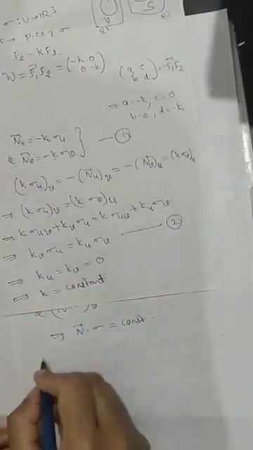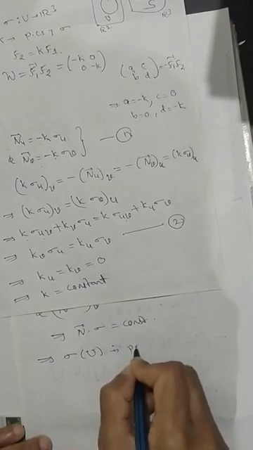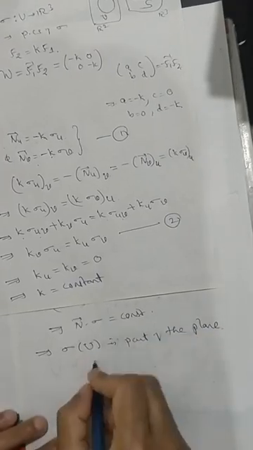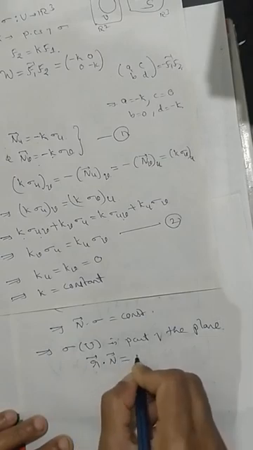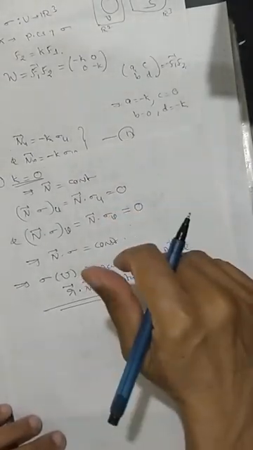So sigma of U is part of the plane given by r dot n equal to constant. In this case we are getting S as a part of the plane.